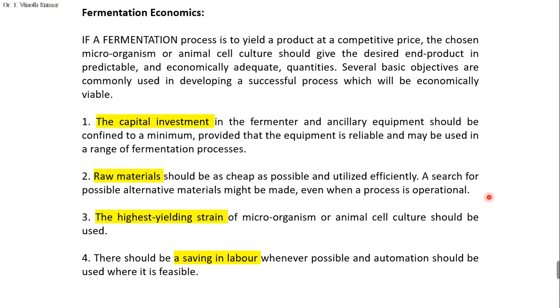And the third point is the highest yielding strain. Your starting material is your organism. If you have a very good organism, we should not use the term good, it is the highest yielding strain. Highest yielding means it should yield a maximum of your product of interest.